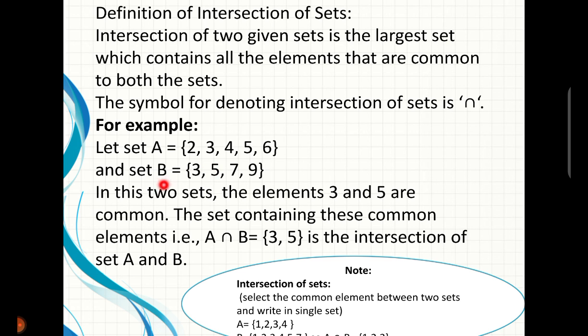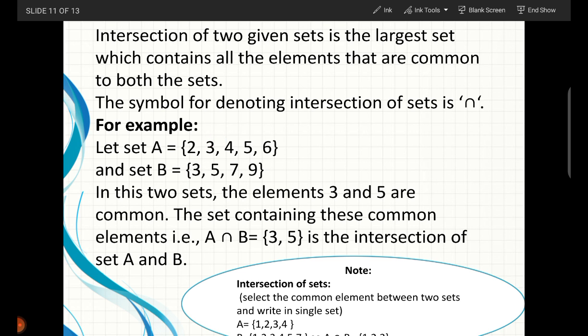and set B. As you can see here, one example is given: set A is 2 3 4 5 6, and set B is 3 5 7 9. Which are the common elements between these two sets? 3 is common, and 5 is common.